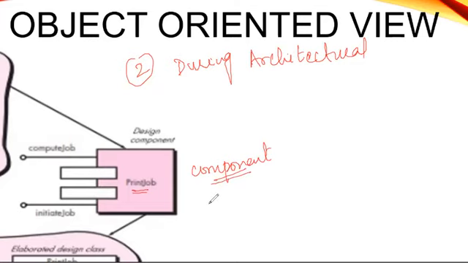It is defined as a component within your software architecture, and it is going to have two interfaces. Now this lollipop symbol here is called your interface symbol. Interface is your point of communication. The first interface is compute job, and the second one is initiate job.